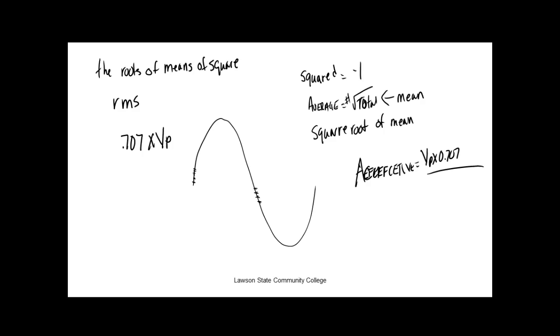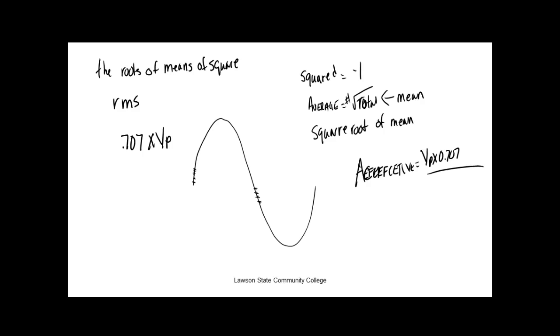So true RMS meters are great. If you're in a situation where you're going to measure AC signals that are not sine waves, then you need a true RMS meter. If you're not in that situation, then you just need to buy a meter that uses 0.707. But 0.707 only works with sine waves. Sine waves are nice and symmetrical.